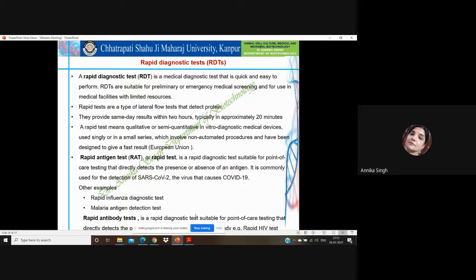If it is not present, then only the control shows a precipitin line, while the test line remains empty because of the absence of an antigen.